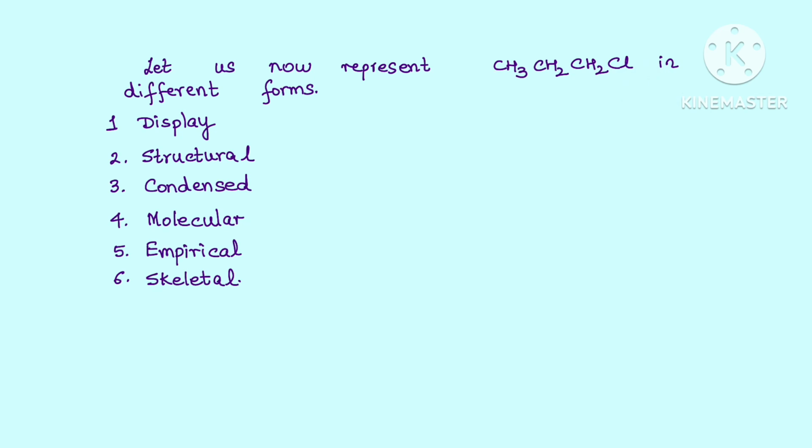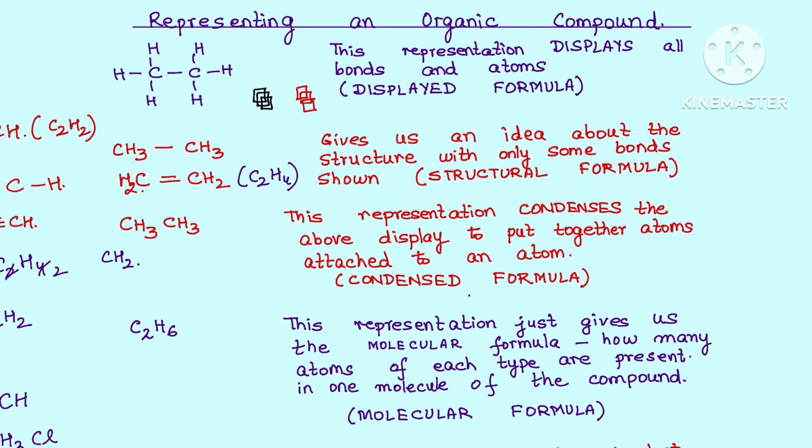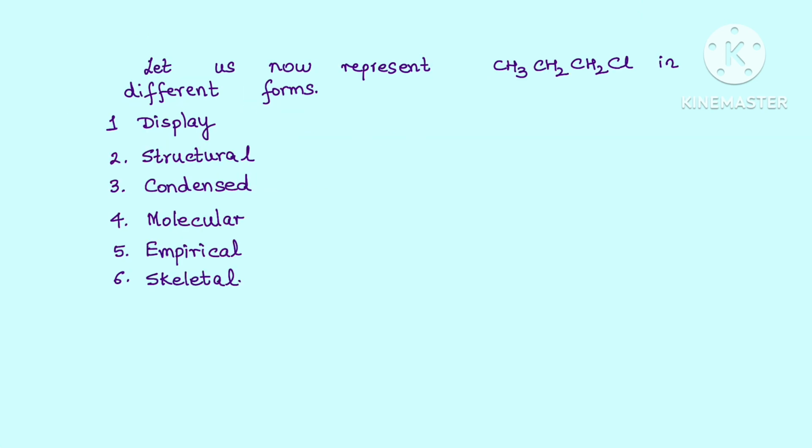Okay, think. Go to your notes, think about it. Have a look. Say the answer to yourself. Imagine that you are sitting in a tuition class with me. Yes, it's the condensed formula that we have. So we answered the first part of your question already. CH3, CH2, CH2, Cl, condensed formula.